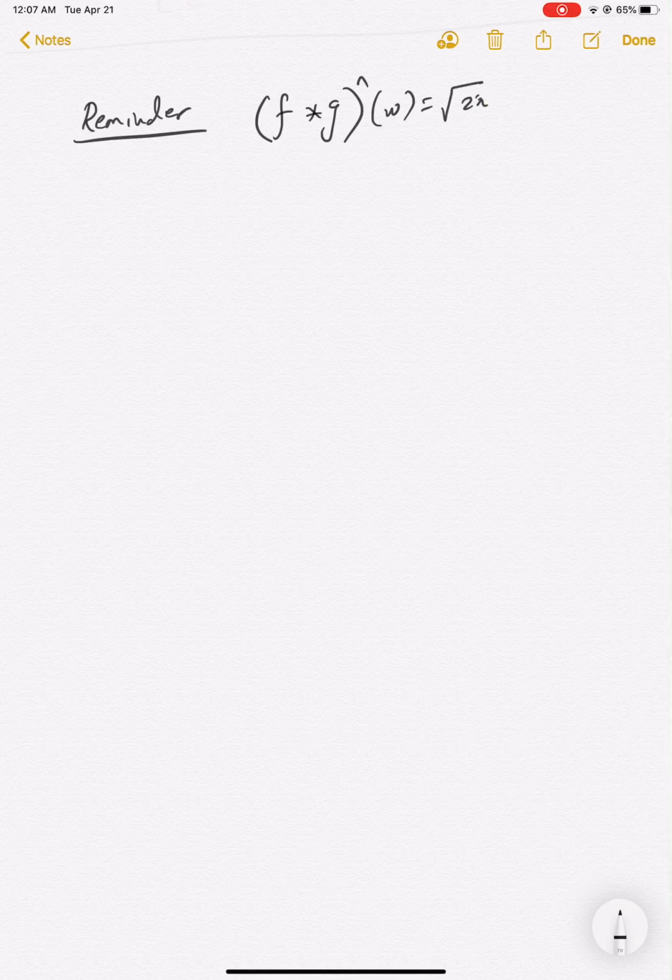So we continue with convolution. Remember, we defined the convolution of two functions related to the Fourier transform. When we say related to the Fourier transform, just to remind you, we mean that if you take the convolution of two functions, this is the notation, and you find the Fourier transform of this new function, it will be root 2 pi times the Fourier transform of the first function times the Fourier transform of the second function.